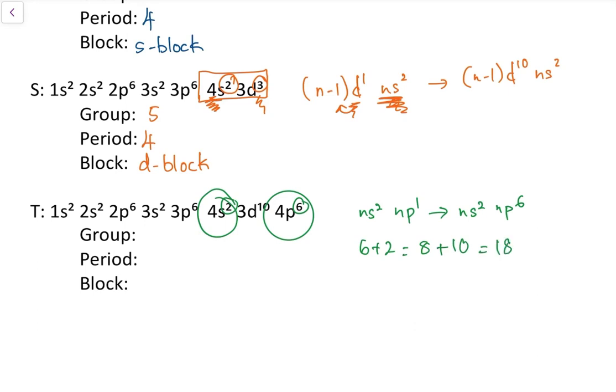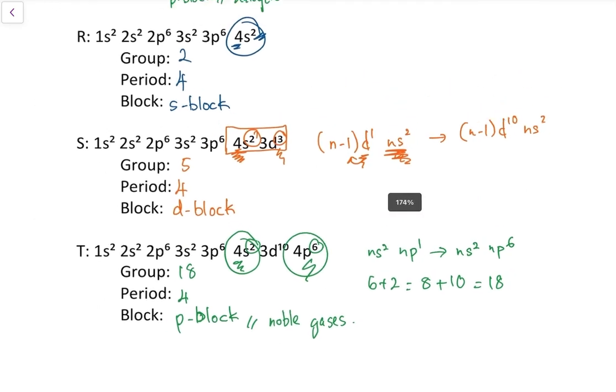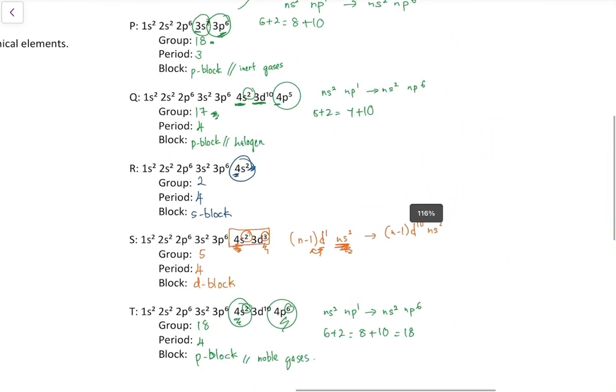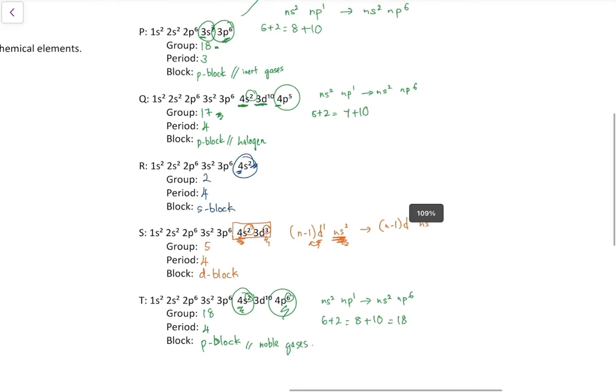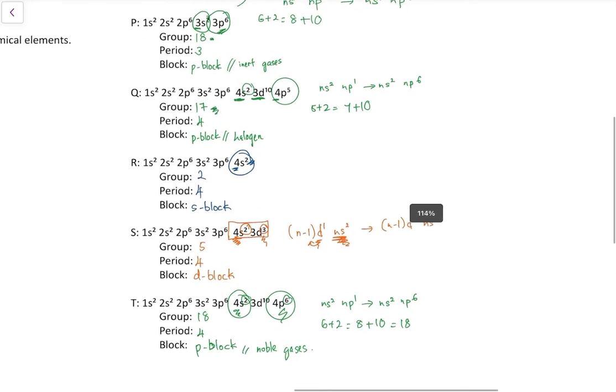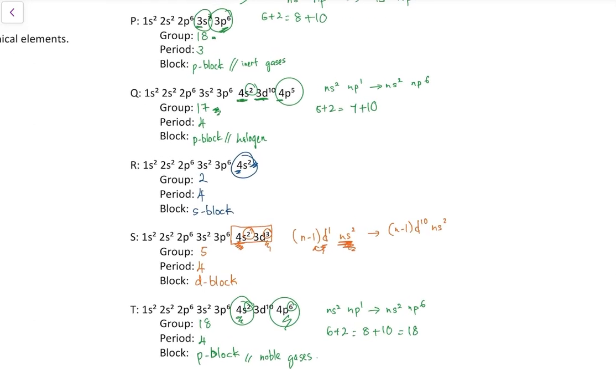It's going to be group 18, and the highest principal quantum number is 4. So it's p orbitals, so it's P block. It's also known as noble gases or inert gases.